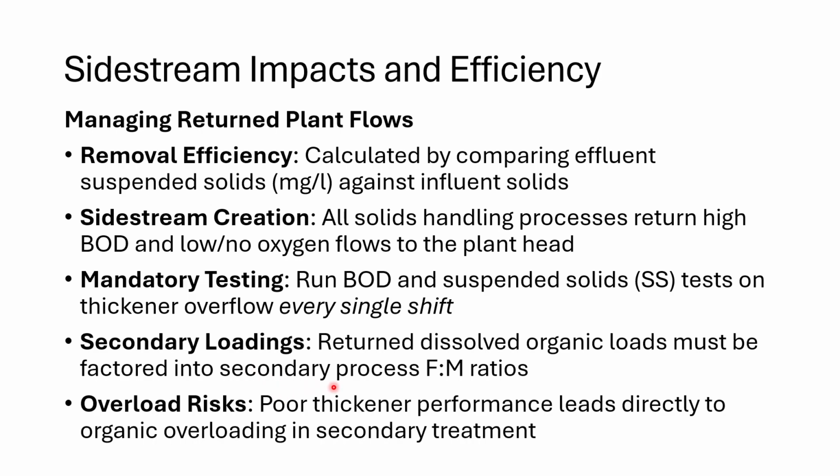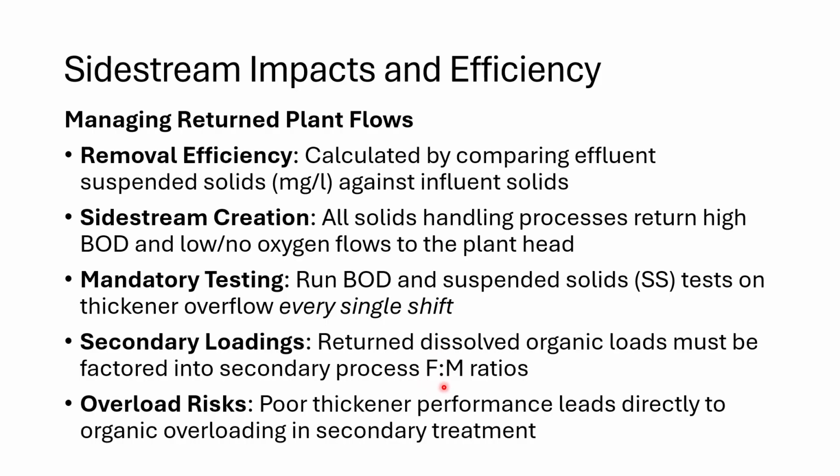We talked about our secondary process as basically being an activated sludge process, or think of it as using microbes, the M here, to eat the food, the BOD, the F. The reason we want this food to microbe ratio in a reasonable range is because if there's not enough BOD, not enough food, our microbes are going to die off. And if there's too many microbes and not enough food, those microbes can start cannibalizing each other. They'll just start eating what's available, which could mean other microbes.